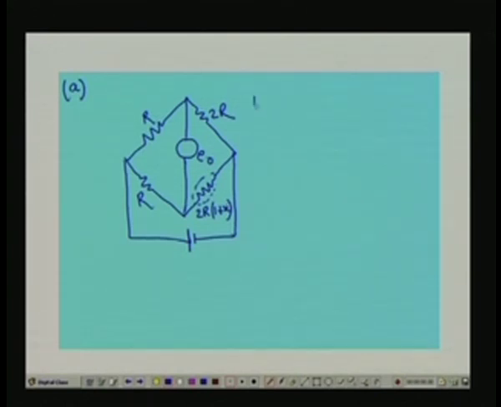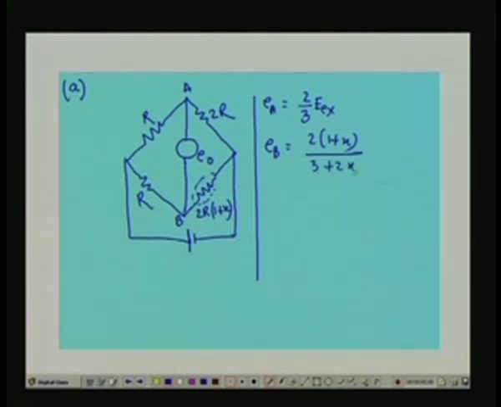Now, in this particular case EA is equal to 2 by 3 of EX. If I take this terminal as A and this as B, EB equals 2 times (1 plus X) upon (3 plus 2X) times EX.